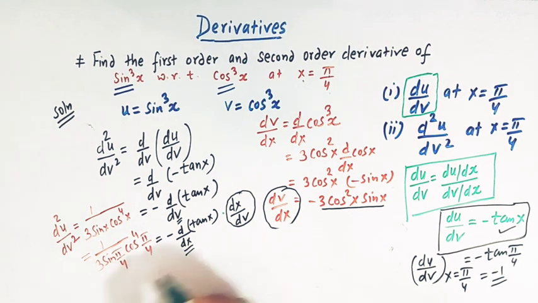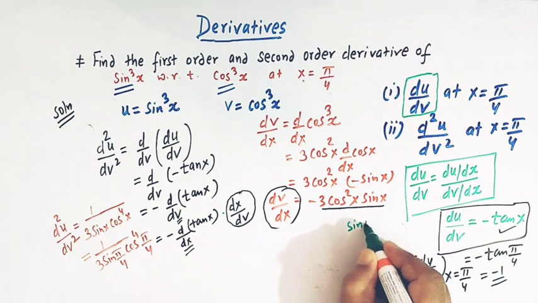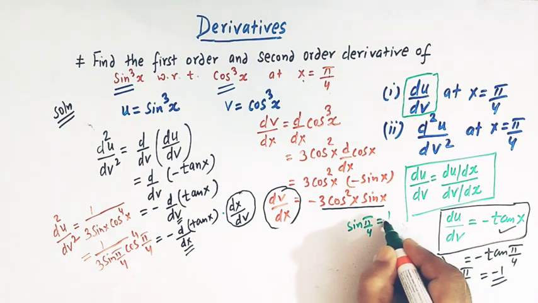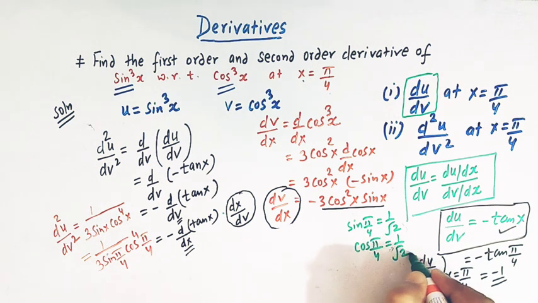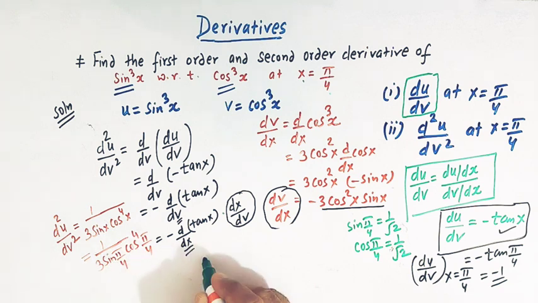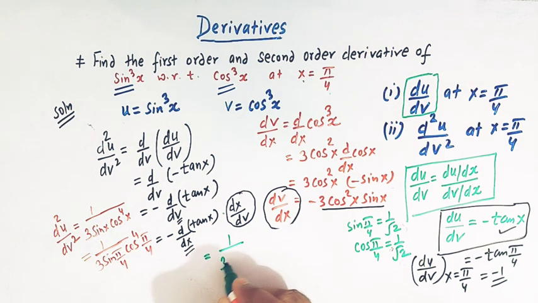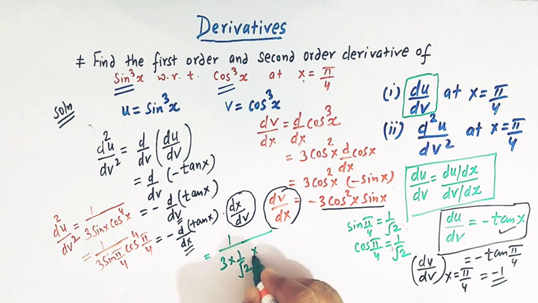So sine pi by 4 is equal to 1 over root 2. Similarly, cos pi by 4 is also equal to 1 over root 2, right? So here we have 1 over 3 times 1 over root 2. Then we have 1 over root 2 raised to 4, right?